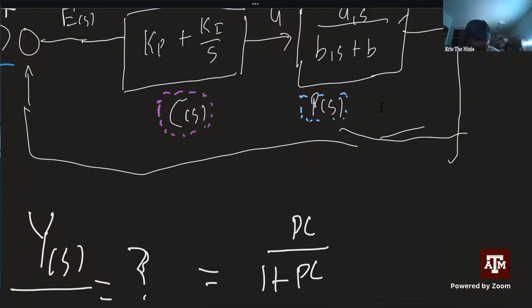And then we're dividing that by 1 plus A1 s over B1 s plus B times KP plus KI over s.